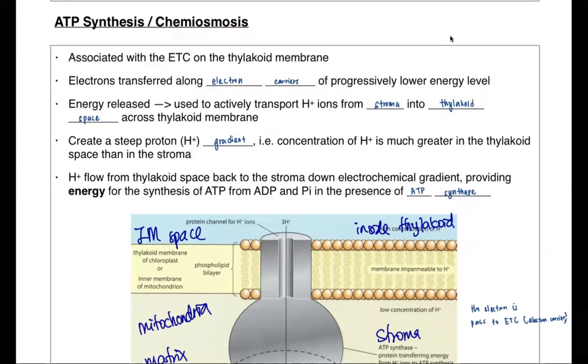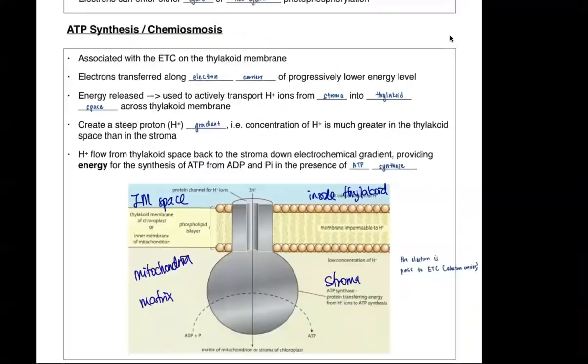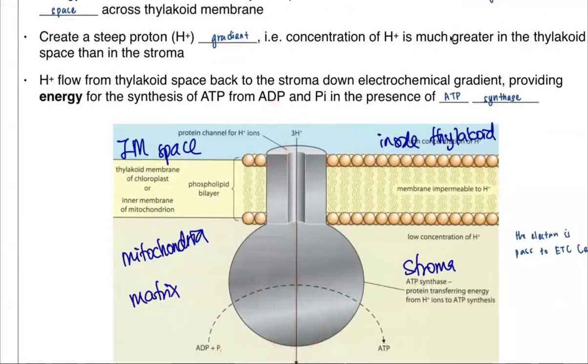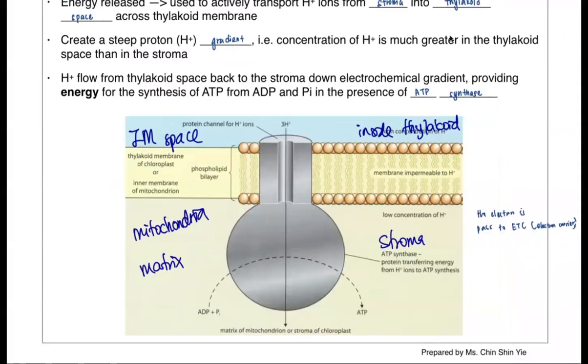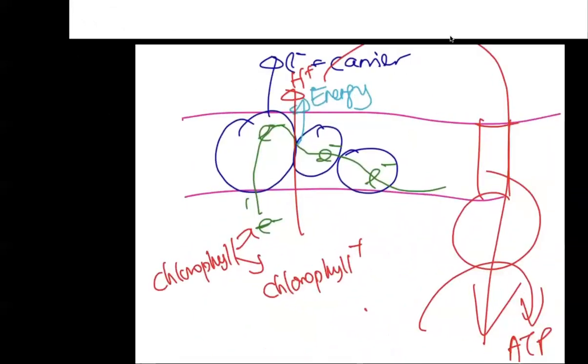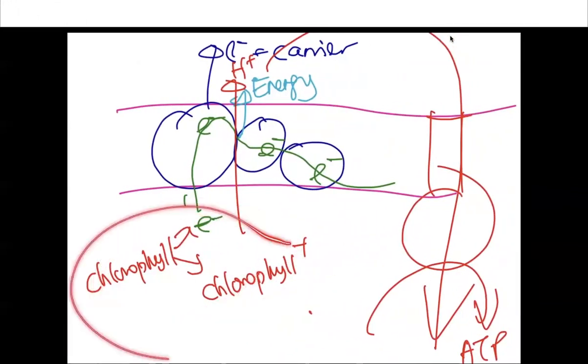That also creates a steep hydrogen ion gradient, or proton gradient. As protons diffuse down the electrochemical gradient, the energy is also used to generate ATP from ADP plus Pi. The only difference is that ultimately the source of energy comes from light.